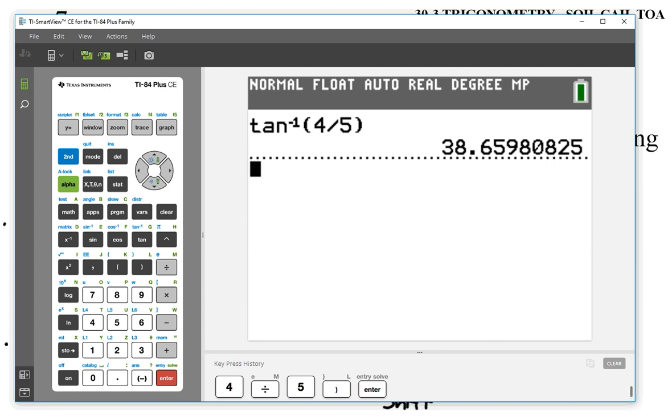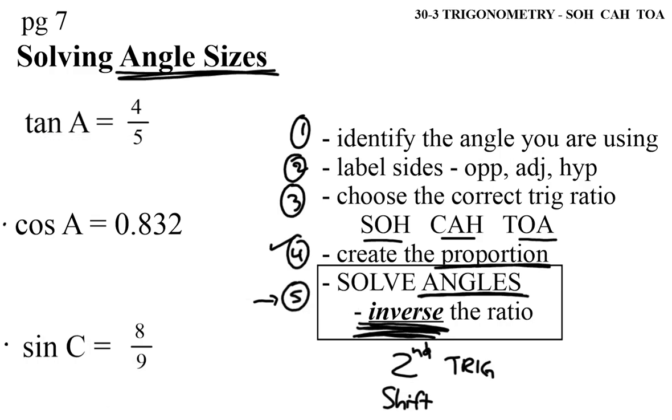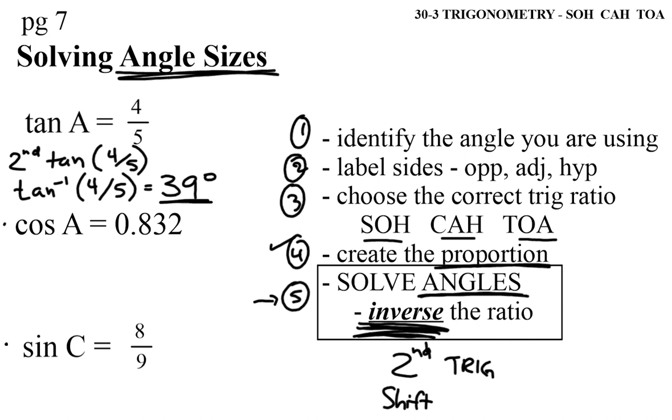So we can go back, and we now know after we did second tan 4/5, remember we got tan with the little -1 and 4/5, and it was 39 degrees because we second tanned our fraction.